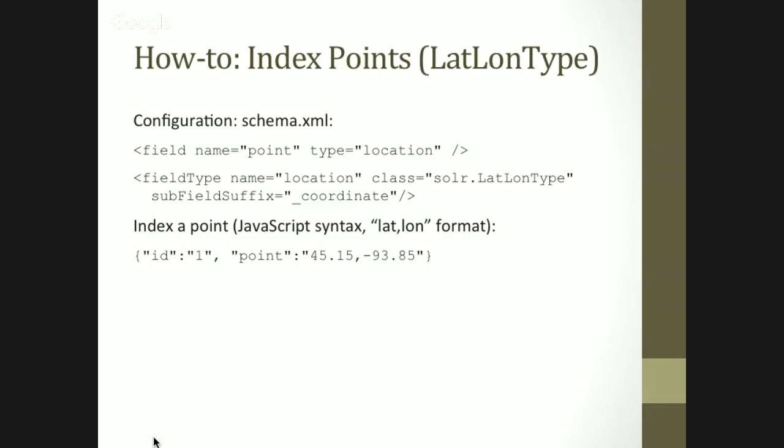Then we provide a string that is parsed by the LatLonType field, and it knows latitude, comma, longitude as a format. And that gets parsed. So it's pretty simple to index points. This is one way. I mentioned there are other ways, and depending on the field type you use, there are other possible syntaxes you can use. Although I would recommend exactly that syntax just for simple points.